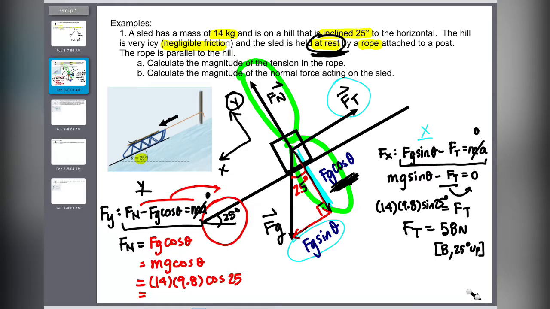I got something like 124, so I need two significant digits, so 120 newtons. The direction for this is going to be up, 25 degrees forward if you want to be specific. I know this one's hard to name.